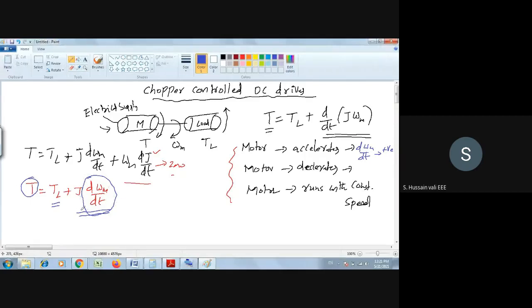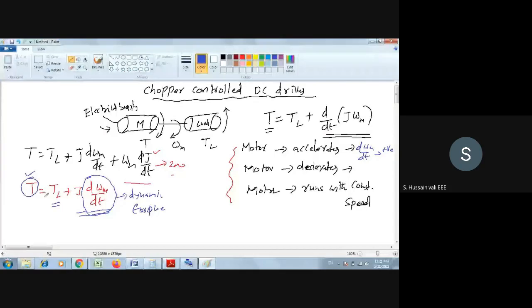You consider this as the dynamic torque, whereas this is the load torque. Now in this case, the dynamic torque is positive because of the acceleration, so the motor has to develop more torque.